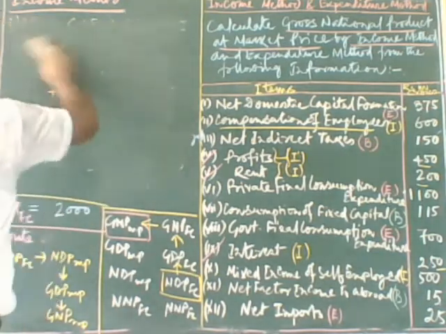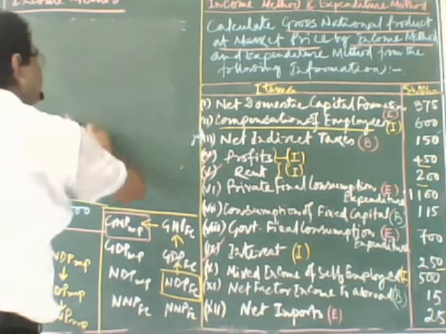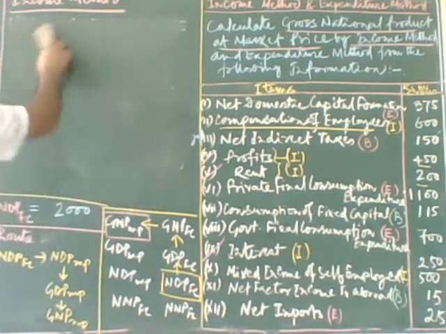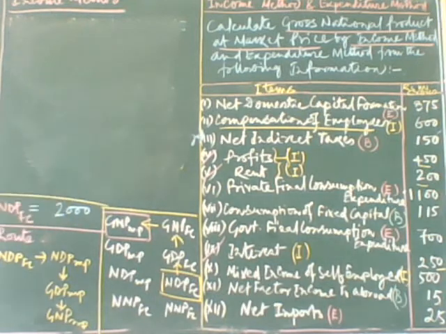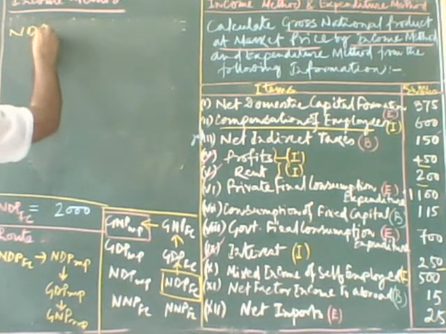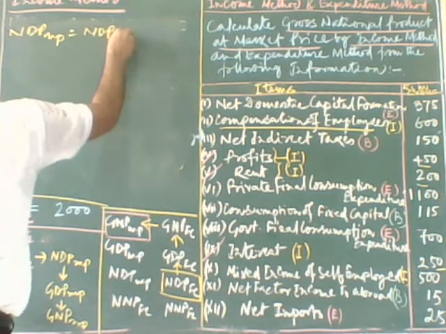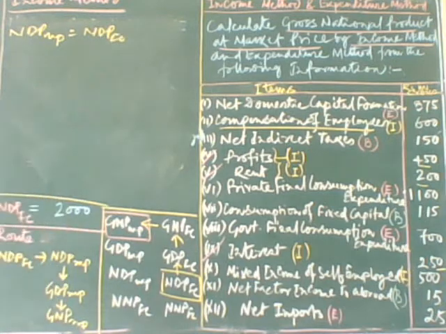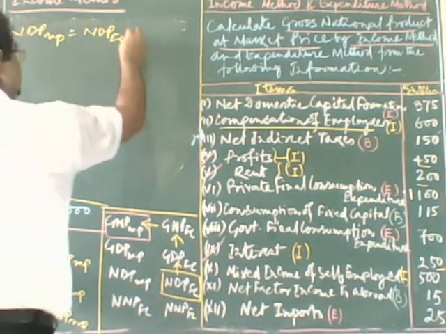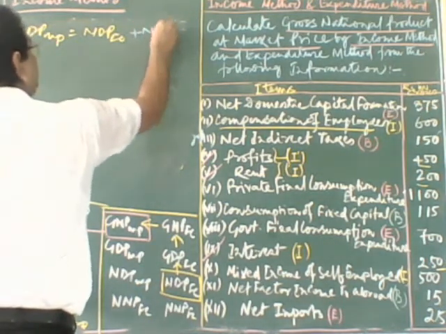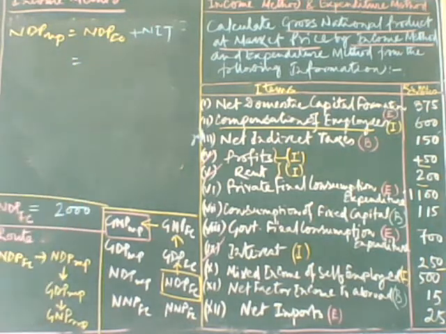Therefore, NDP market price is equal to what? NDP market price is equal to NDP factor cost. Here the relation is market price and factor cost. The bridging component is NIT. So NDP market price is equal to NDP factor cost plus NIT. Here NDP factor cost is 2000.